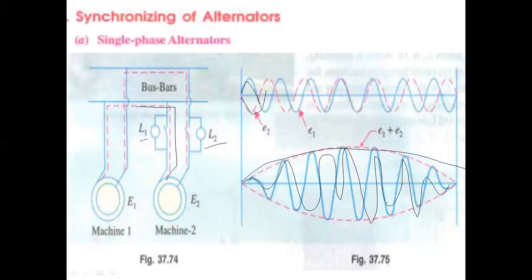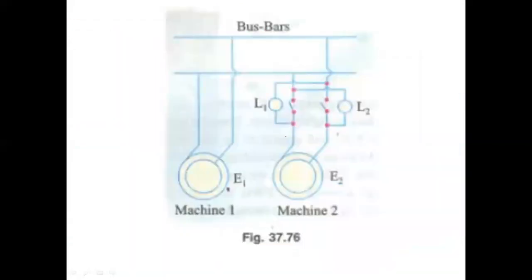In that case, the lamps are connected as in the circuit I am showing below. This circuit is obtained when we are doing lamp bright synchronization.